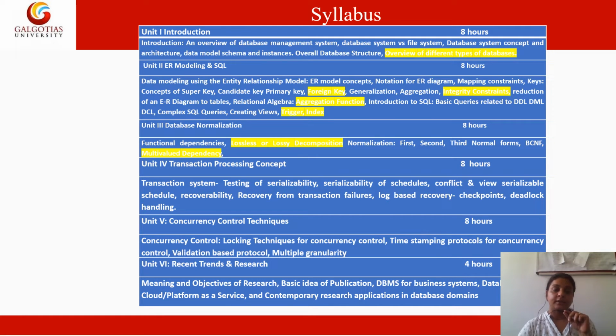And unit number 6 is basically the recent trends and research, in which the student has to review the techniques of the past and what they have to propose in their research. In this unit they need some idea about publications, and about the current technologies and tools available in DBMS.